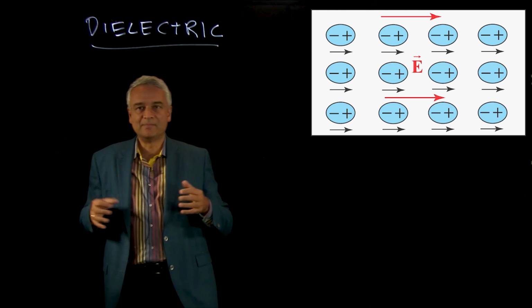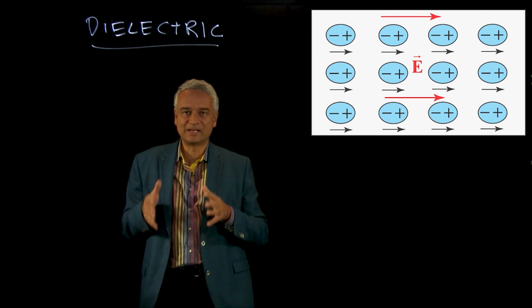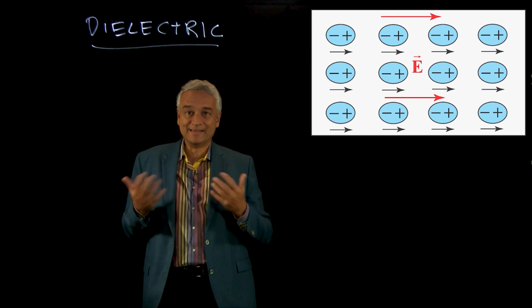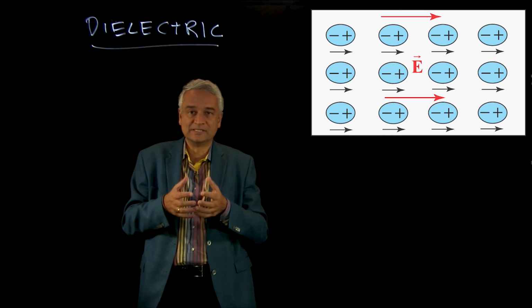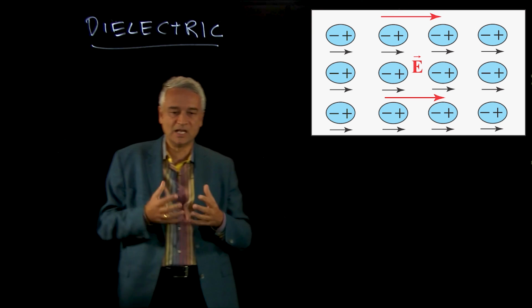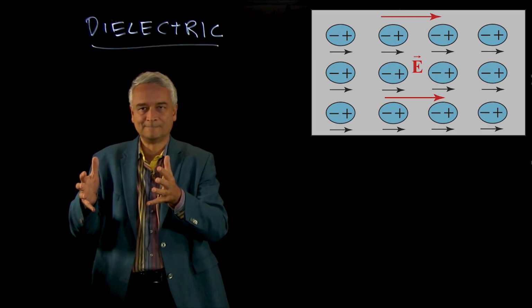So even though the methane molecules weren't dipoles to start with, once I put them in an electric field, they become dipoles with a very small dipole moment. And then the same thing happens as with water. I've now turned my methane molecules into dipoles, and then they feel a torque which tries to align them. So there's a consequence in methane of taking methane and putting it in an electric field.